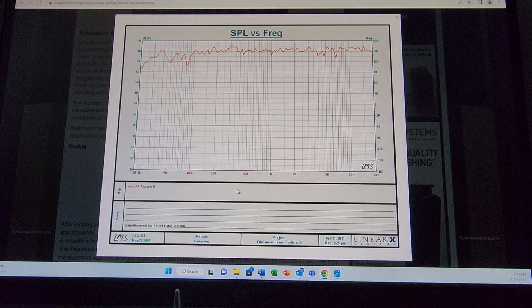So what's done is you install the parameters of the speakers into the program, which would also include the dimensions of the cabinet, the volume of the cabinet, the number of ports, the diameter of the ports, and the program spits out the chart of what you could expect from the speaker.